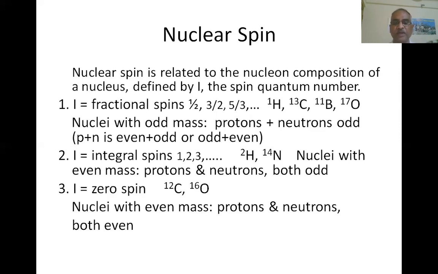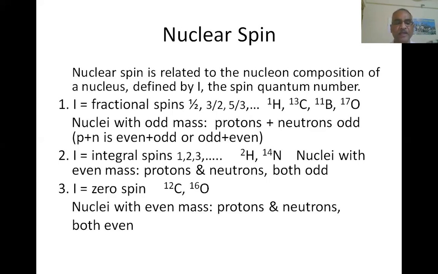Here, protons plus neutrons are odd. These fractional spin nuclei are very important from the point of view of nuclear magnetic resonance spectroscopy.